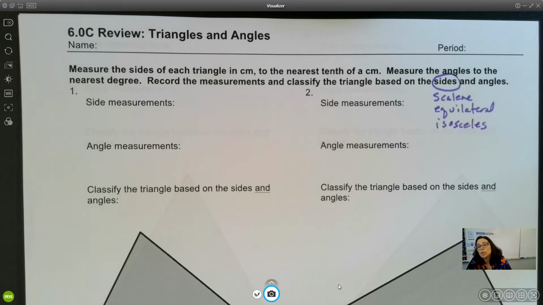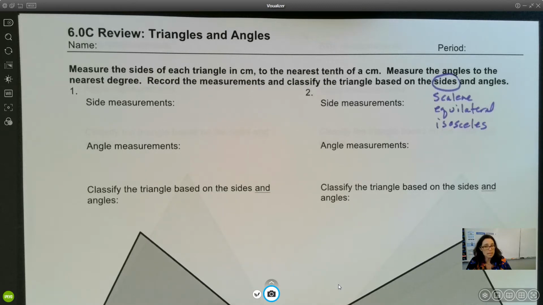Again, you should know those terms from 6.0A, the vocabulary list. Scalene means that no sides are equal. Isosceles means that at least two sides are equal. And equilateral means at least three sides are equal.